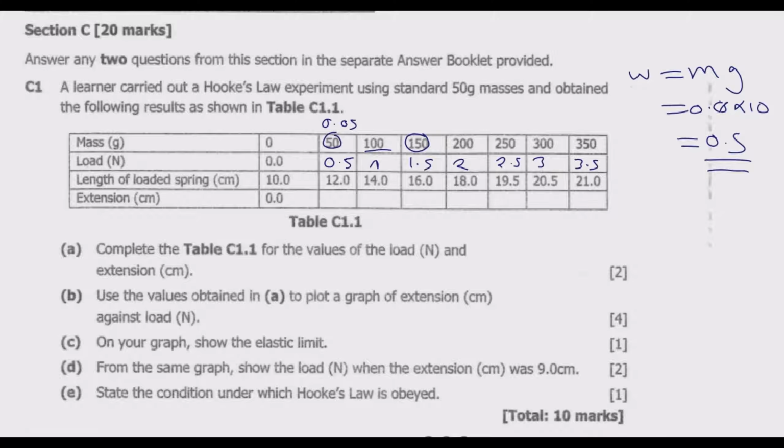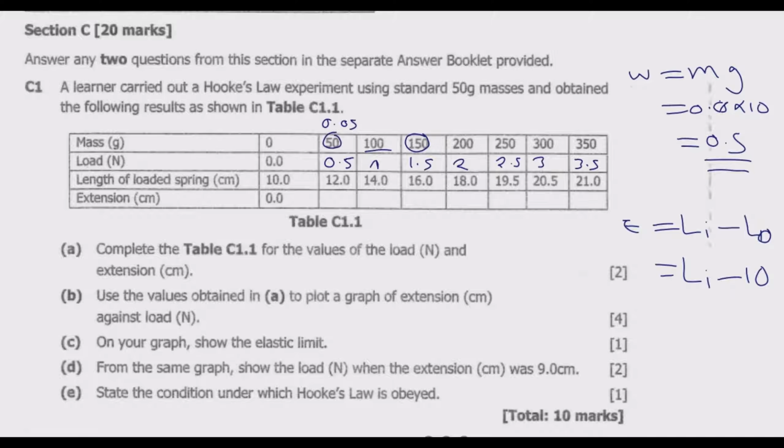Extension is the change in length. To find the extension, it's the actual length at a given load minus the length at the beginning when the load was 0. That is 10, so it will just be the length at a particular load minus 10. That will be the extension. Let's say, for example, start with the first one.